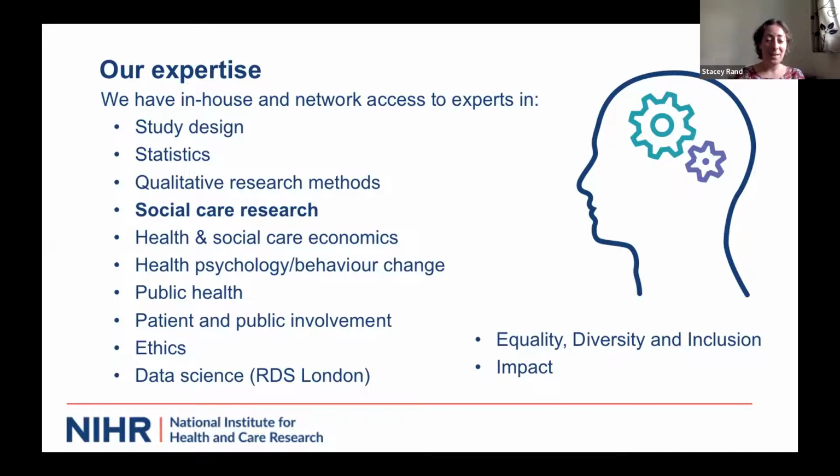So around that, within the RDS, we have people with quantitative research expertise, qualitative, coming from different perspectives, with a view on, for example, ethical issues, equality, diversity and inclusion, and PPI and impact as well. So we're giving really that holistic view of the project and feedback and advice on it.